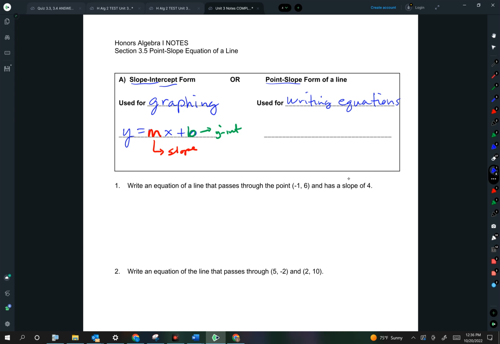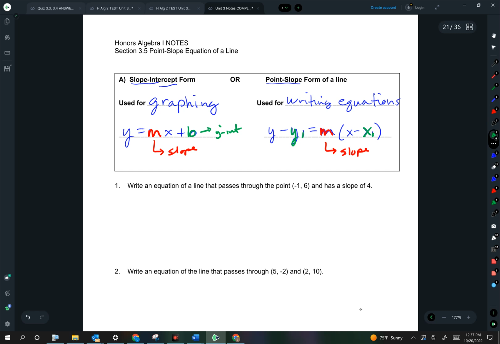Point slope looks like this: y minus y1 equals m(x minus x1). On point slope, the m means the same thing, the slope, so slope is always involved. But on this one, notice you have x1 and y1.